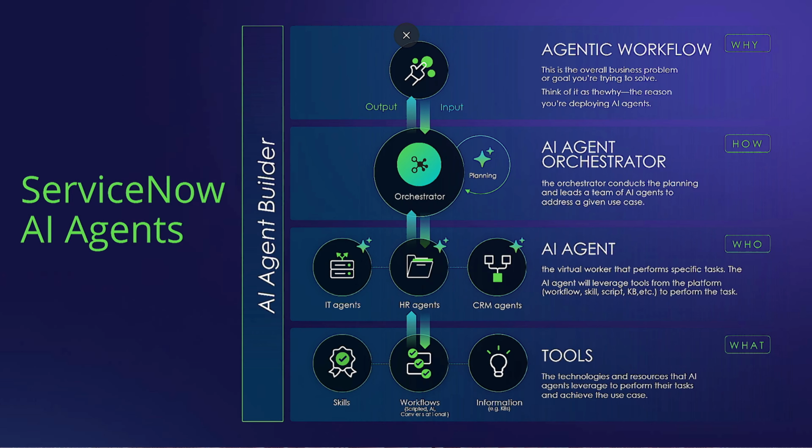Under the agentic workflow, we will have the AI agent orchestrator. The AI agent orchestrator is the how. It is the conductor of the orchestra, planning the steps and assigning the tasks. Then as the next step, we have the AI agent, which is the who part, your virtual worker. They use tools and skills, which is the what part, to get the job done.